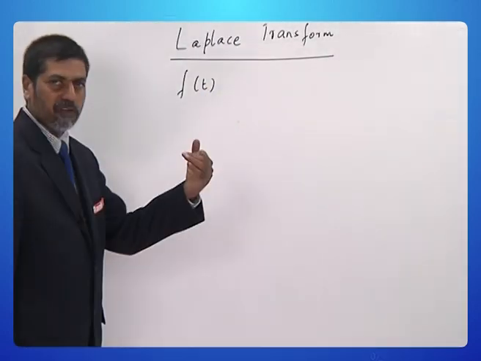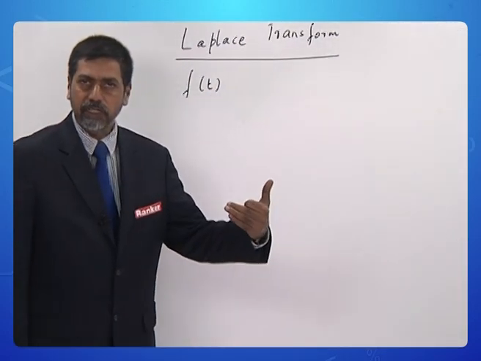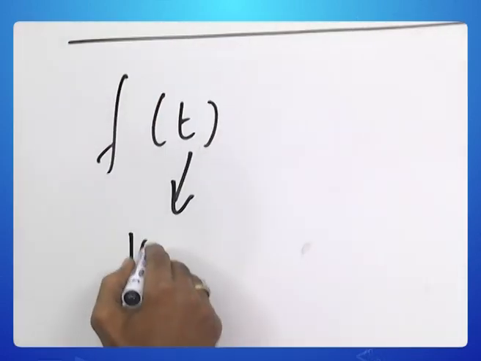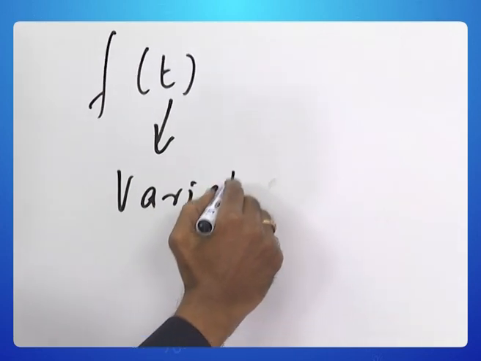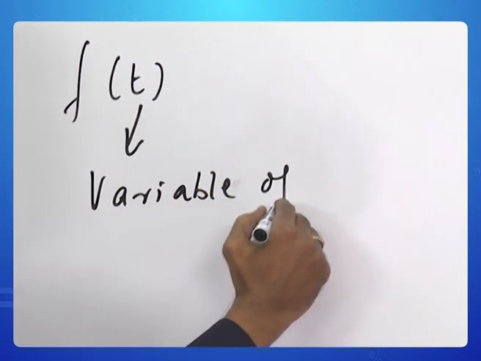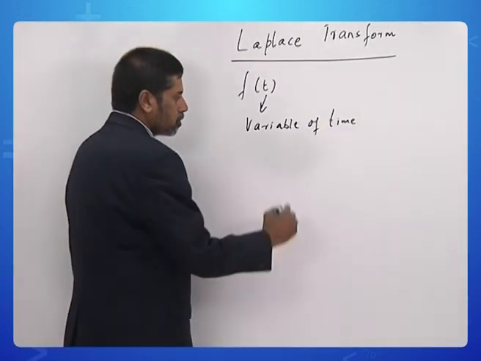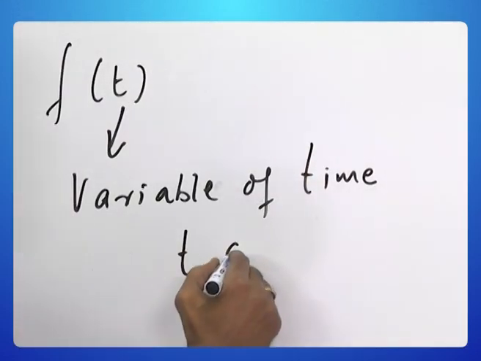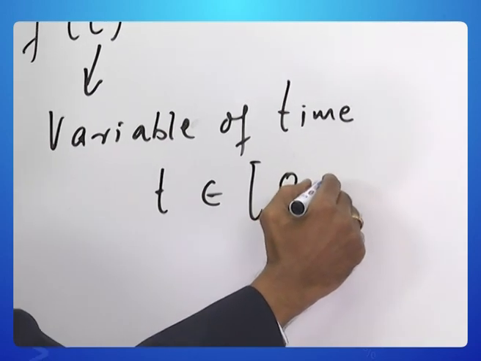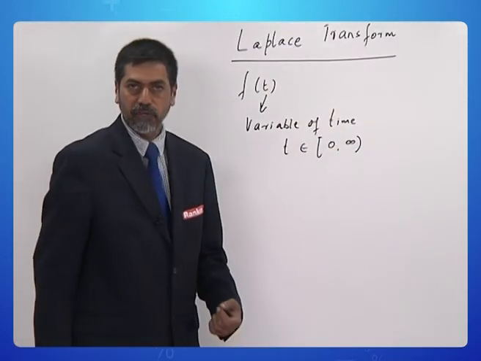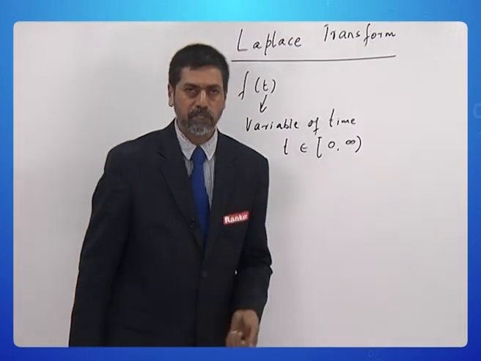Suppose we have a function f of t, where t is the variable of time. So clearly, the range for the time variable will be 0 to infinity, 0 included.